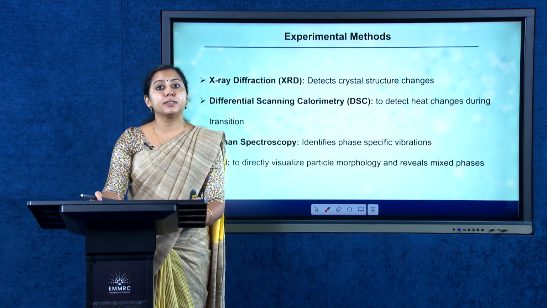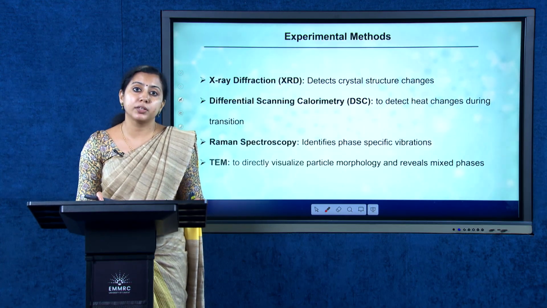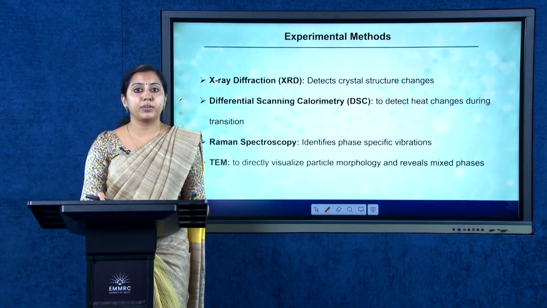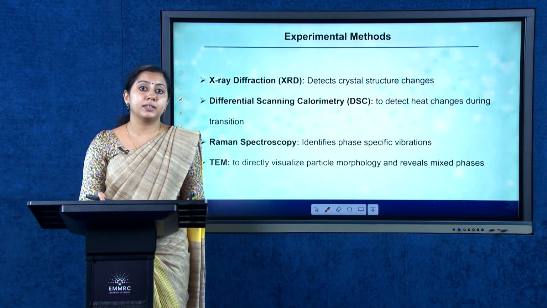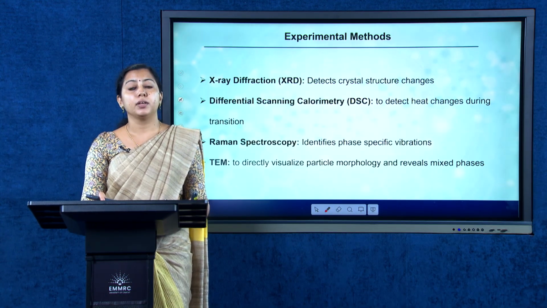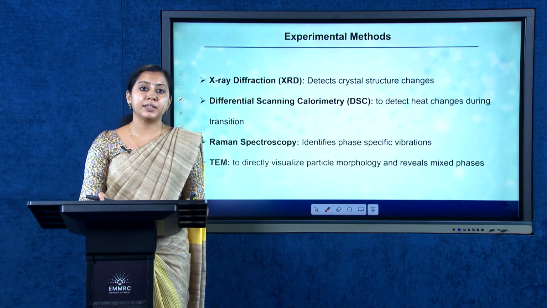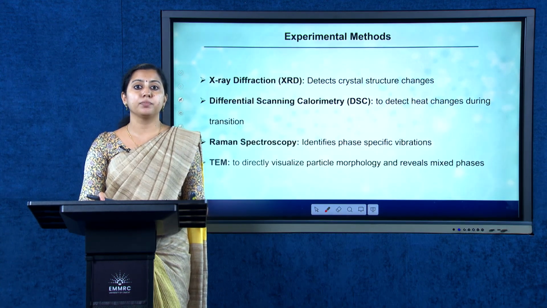By what methods can we identify or distinguish the polymorphic forms of TiO2? We have X-ray diffraction methods which can detect the crystal structure changes, and differential scanning calorimetry or DSC to detect heat changes during the transition.